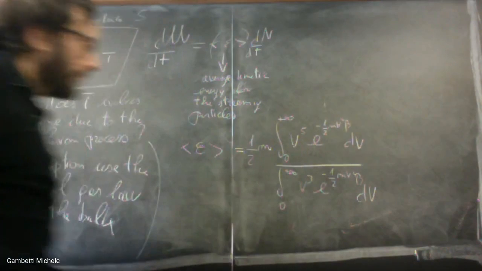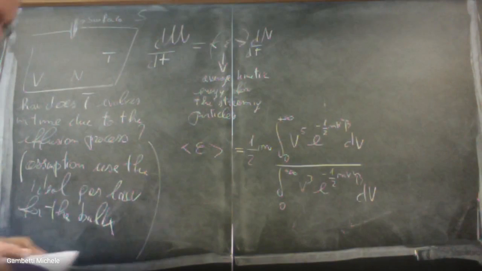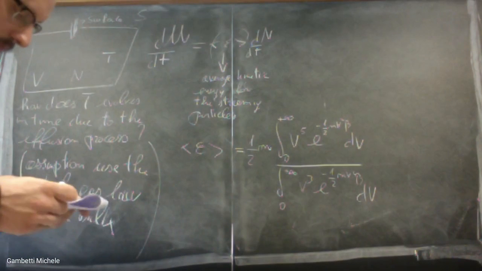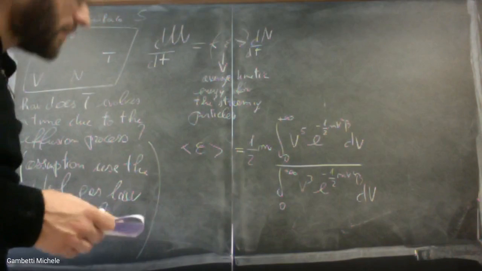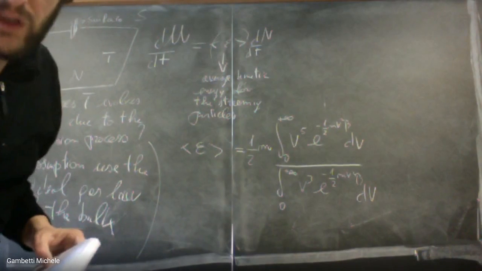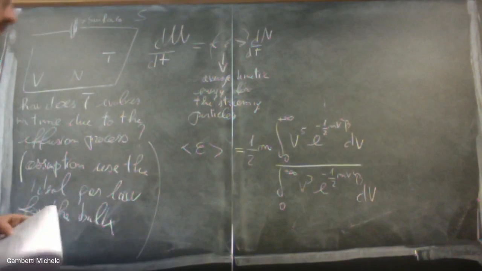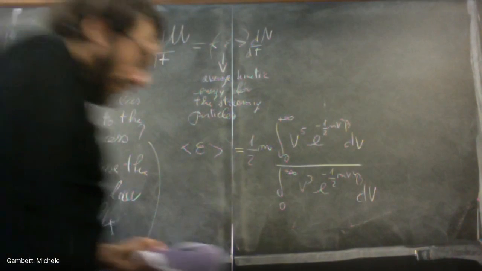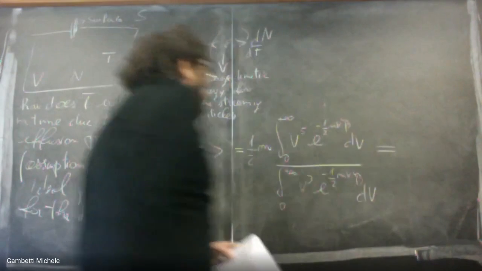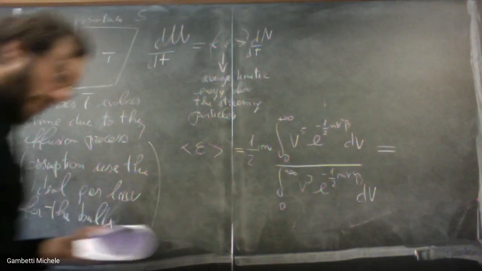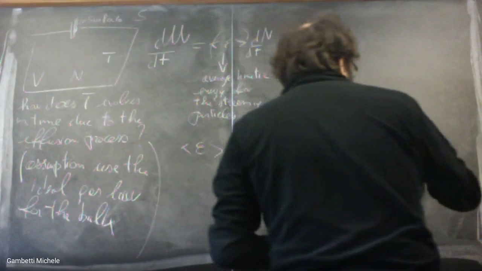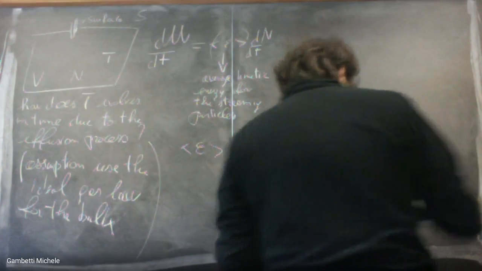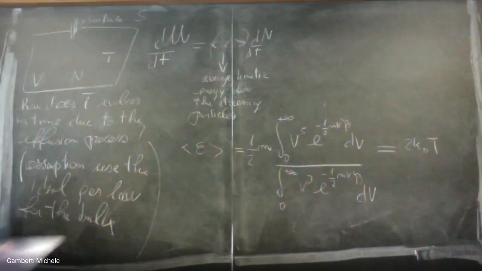Now you can do the calculation. Of course, there is a power of 5, which is quite boring. I have not done it by myself, I have used Mathematica, to be honest, but you can try to do it if you want. And at the end, it turns out the average energy of the particles is 2kT.